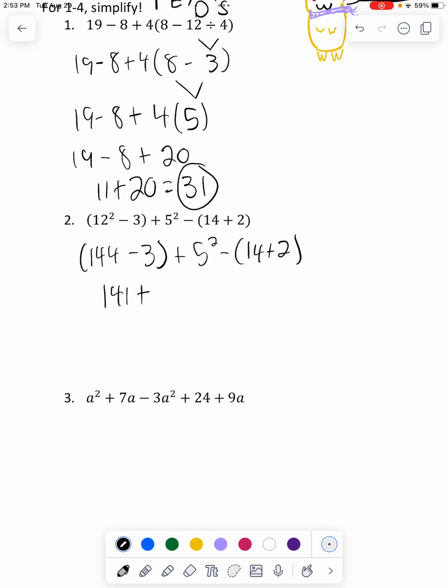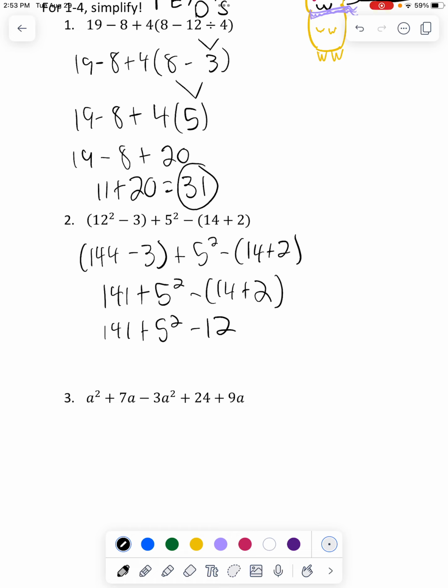I don't need the parentheses anymore because there's nothing being multiplied. And finally, we're going to take care of the parentheses on the far right, which becomes 12. And again, there's nothing being multiplied by it, so I don't need to keep the parentheses.